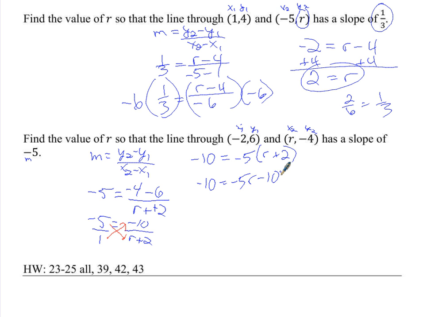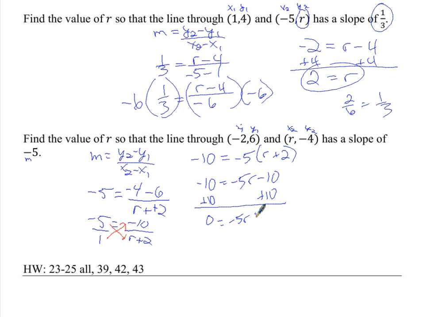Now what? Okay, we got to get rid of this minus 10 here to get r by itself, so plus 10, plus 10. What do we get? 0 equals negative 5r. Now freak out because there's a 0 that just showed up.